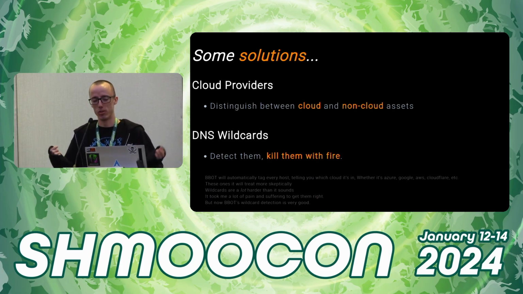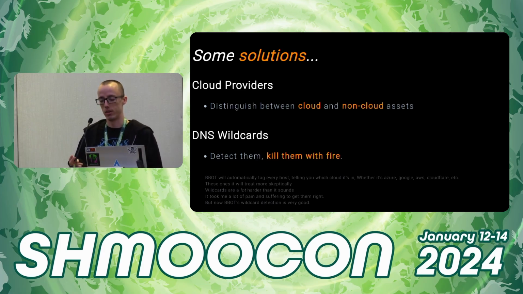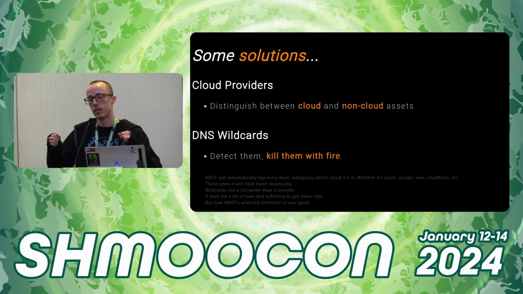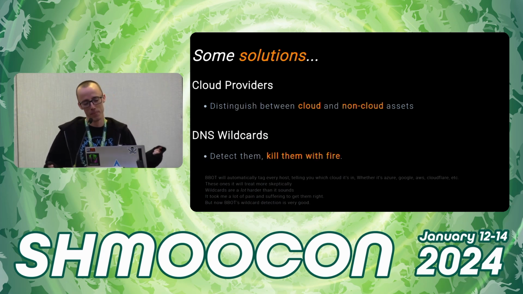Okay, so some solutions. We came up with solutions for the cloud providers. We were able to distinguish between cloud and non-cloud assets. BBOT, when you scan with it, will automatically tag each asset, whether it's in Google Cloud. It'll tell you whether it's in Azure or all this stuff. So we were able to treat cloud assets a little bit more delicately to make sure we weren't stepping out of bounds and into this giant cloud environment.